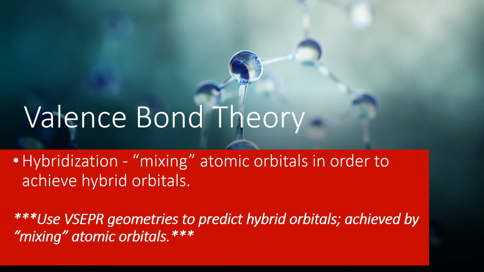We'll now focus our attention on valence bond theory, or hybridization theory. This is a mixing of atomic orbitals in order to achieve what are called hybrid orbitals. We'll be using VSEPR geometries to predict hybrid orbitals.